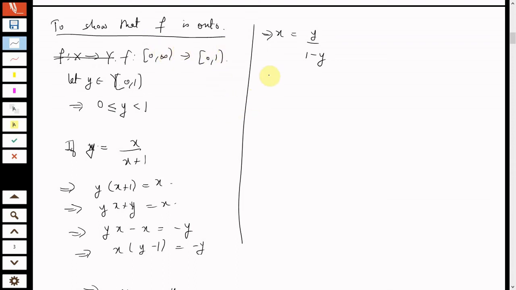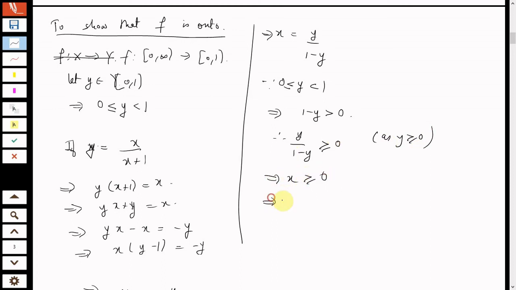Since y is less than 1 and greater than or equal to 0, 1 minus y is strictly greater than 0, because y is less than 1. And y is always greater than or equal to 0. Therefore y upon 1 minus y has to be greater than or equal to 0. So this implies that x is greater than or equal to 0.